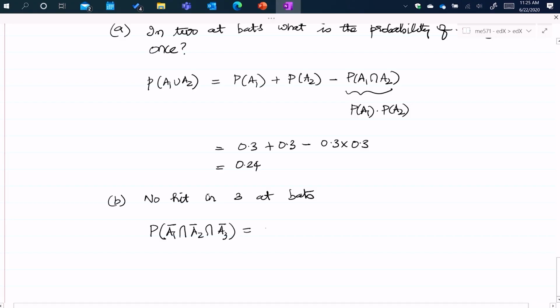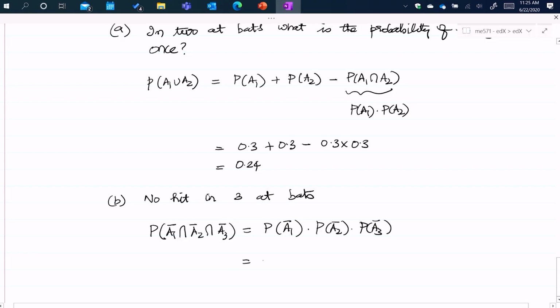If A1, A2, A3 are independent events, so are A1 complement, A2 complement, and A3 complement. Therefore, we can write this as probability of A1 complement times probability of A2 complement times probability of A3 complement.